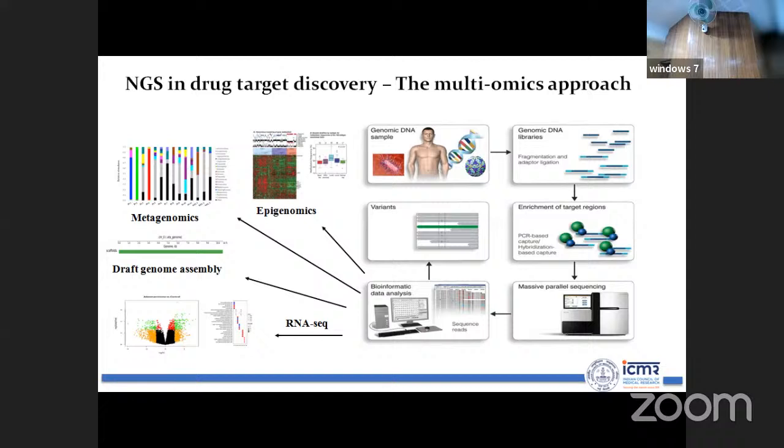So, for example, you will take 10 samples of susceptible strain and 10 samples of drug resistant strain, and you sequence both. Then you use a variant calling method to identify the genomic differences. You will find some variants in the drug resistant strain and some in the drug susceptible strain.